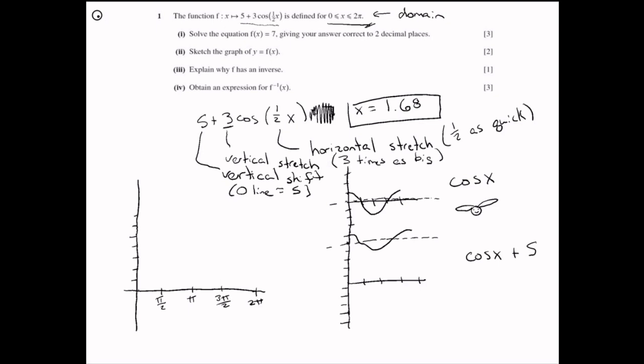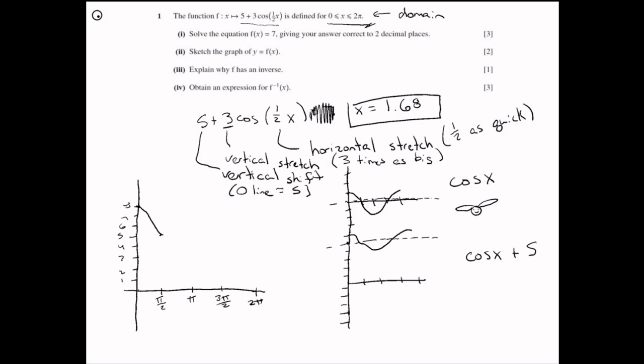So 1, 2, 3. Because remember, in our graph, we had it start at 1 and then it started at 3 when it was 3 cosine. So we start at 8 technically. We start at 8. Then by 5 over 2, we're going to go down to 5.